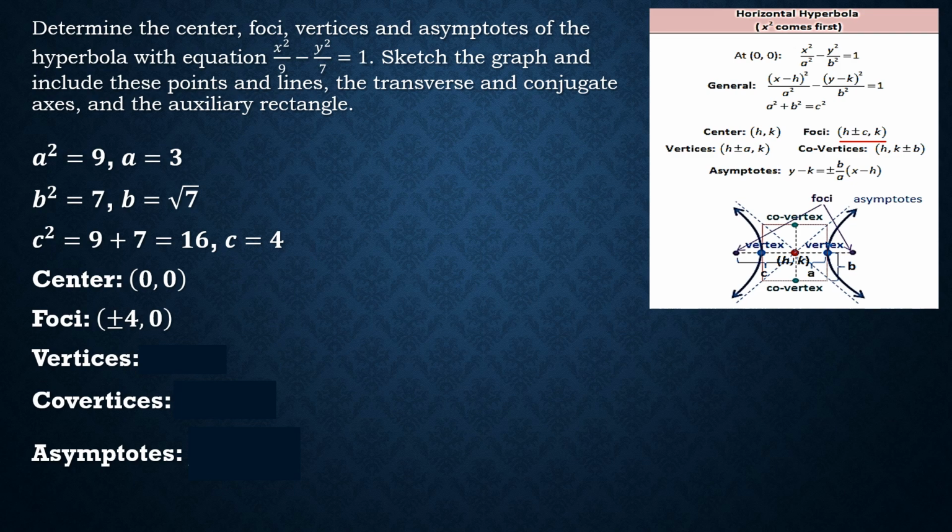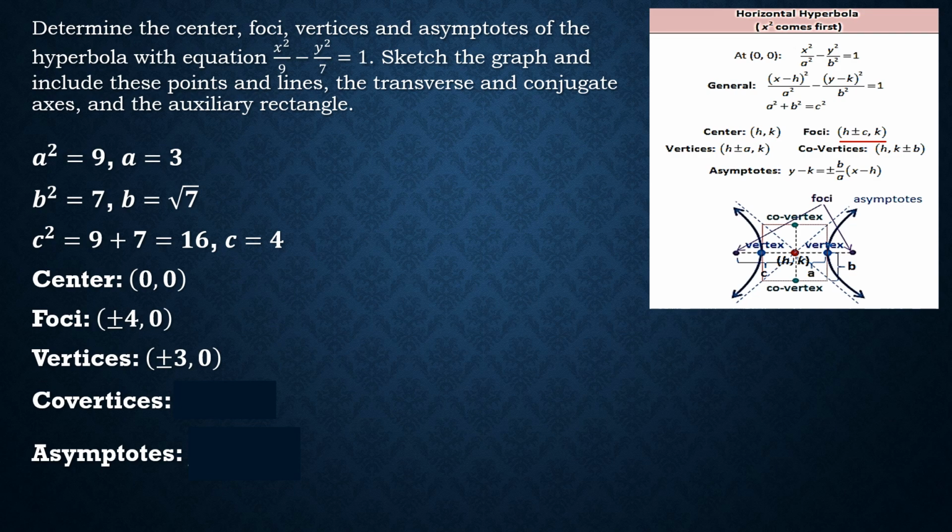Now, what is the coordinate for the vertices? For the vertices, the formula is h plus minus a, then k. So, our h is 0 and our a is 3. So, we have 0 plus minus 3, so that's positive and negative 3, and then 0.